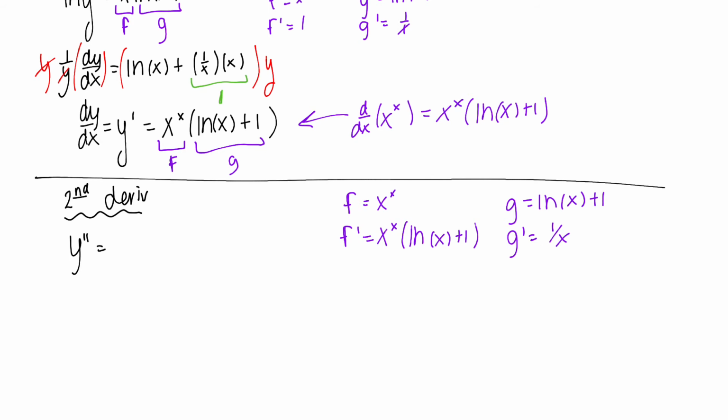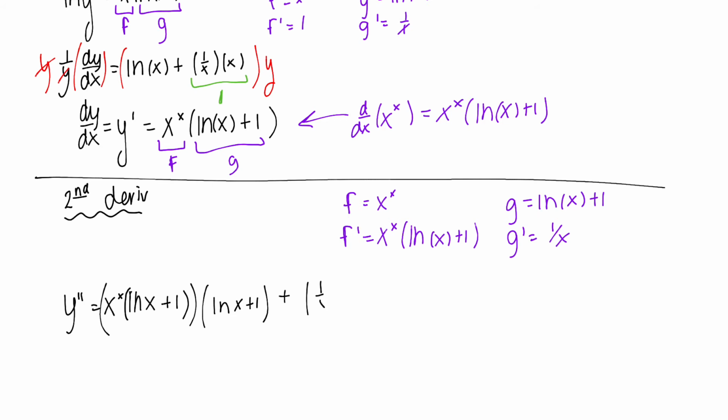So for y double prime, f prime g: x to the x, ln x plus 1, that's f prime. G is ln x plus 1, plus g prime is 1 over x, and f is x to the x.